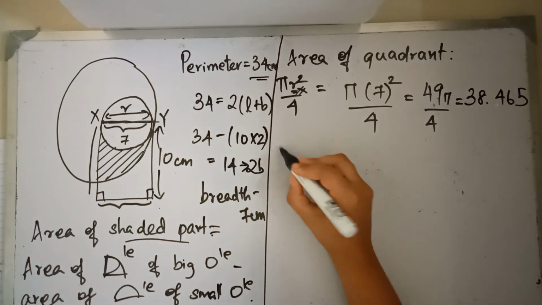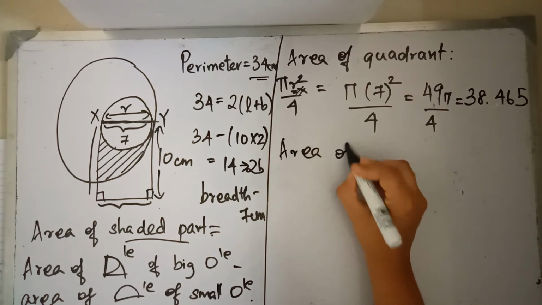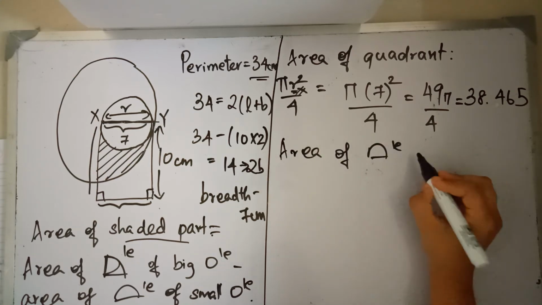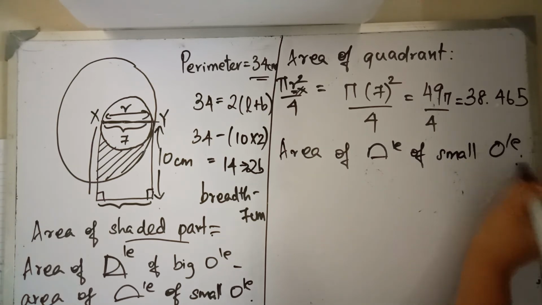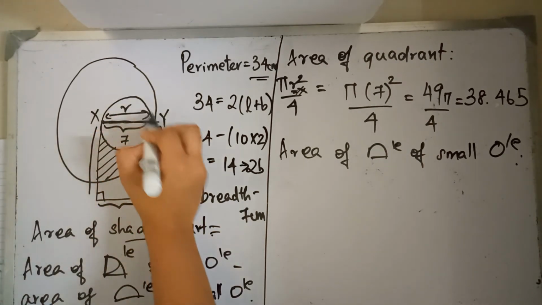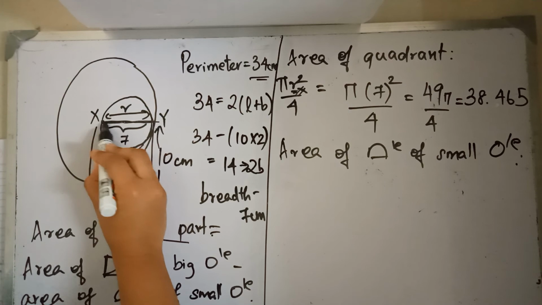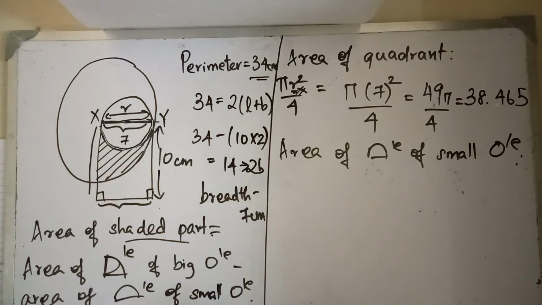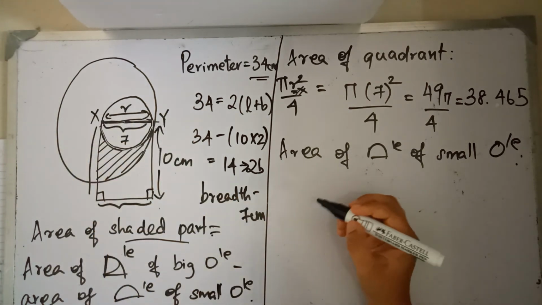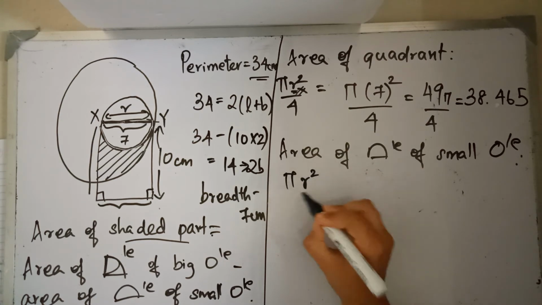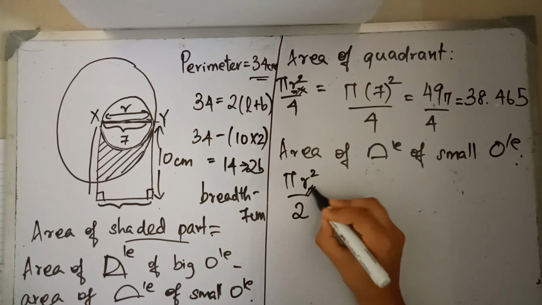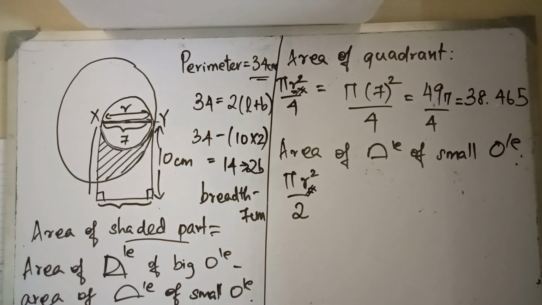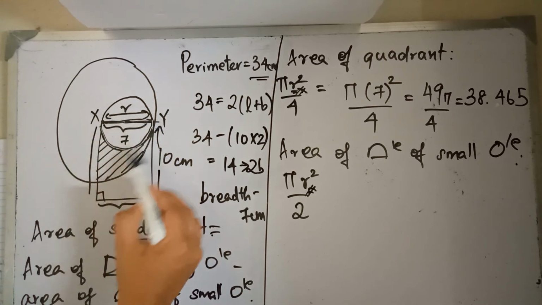Next, we have to find the area of the semicircle of the small circle. How do we find this out? Now let's look at the semicircle. This is the circle, and the semicircle is this part. Now the formula for the semicircle is pi r square by 2. But you have to note, this radius is not equal to this radius, because this is the radius of the small circle.